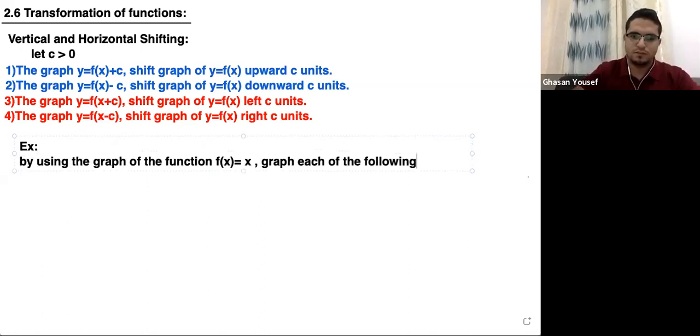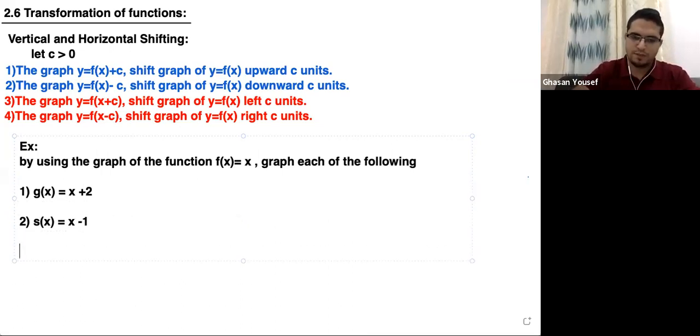Number one, g of x equals x squared plus 2. Number two, graph s of x equals x squared minus 1.